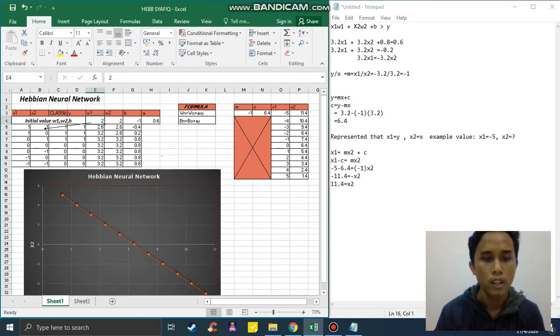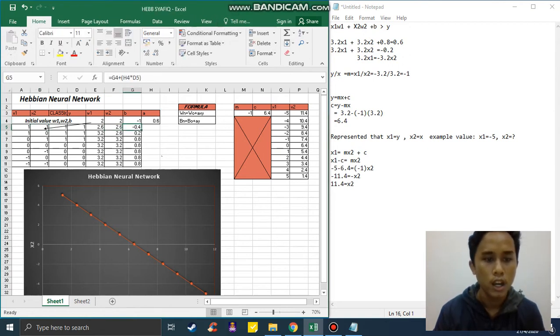For x and y, we take x1 and y, because we want to find w1. If we want to find w2, we must take x2 and y.